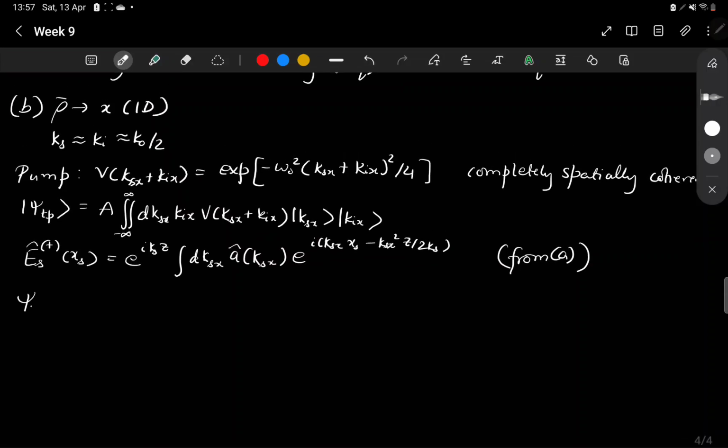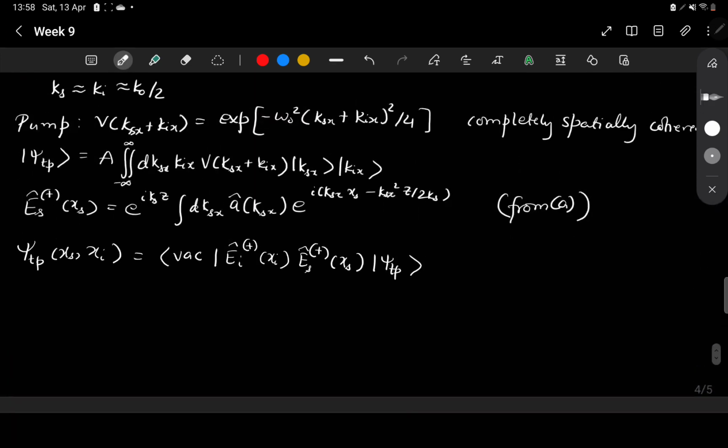Now psi TP is given by this expression. We know how the annihilation operator acts.